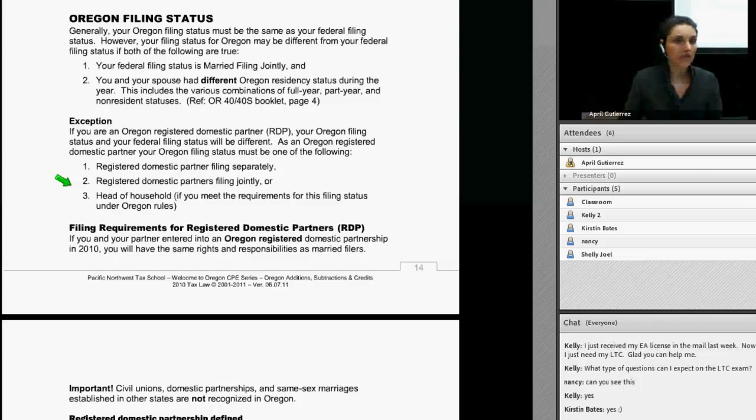So you could meet the filing requirements for head of household under federal rules because you were single under federal rules. But if you lived with your Oregon Registered Domestic Partner, you would not be eligible for head of household on Oregon. You would have to go Oregon Registered Domestic Partner filing separately or Oregon Registered Domestic Partner filing jointly.